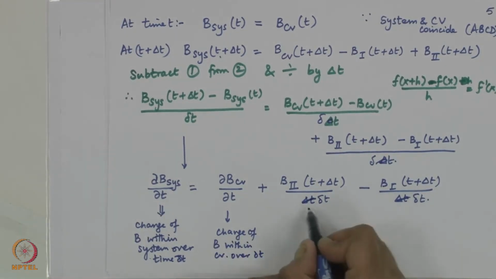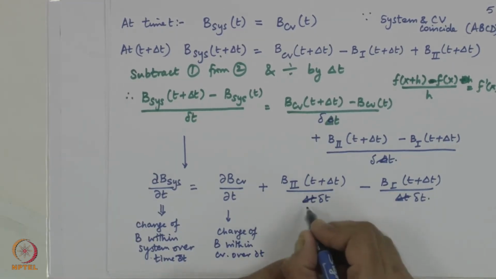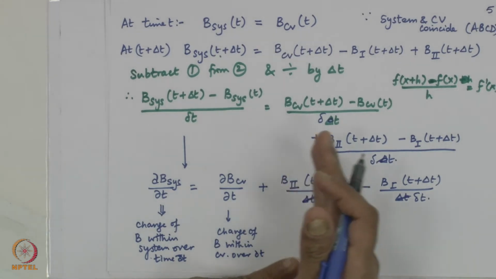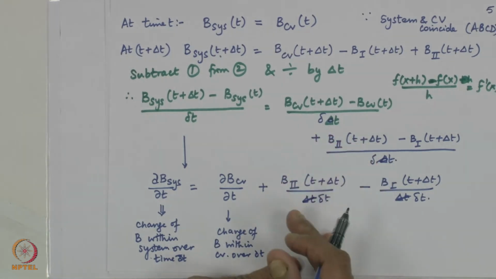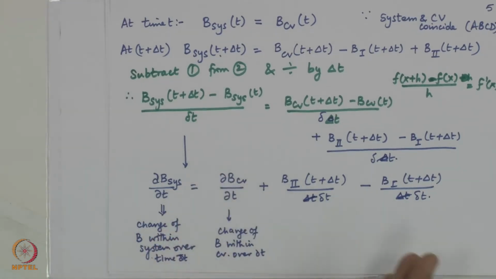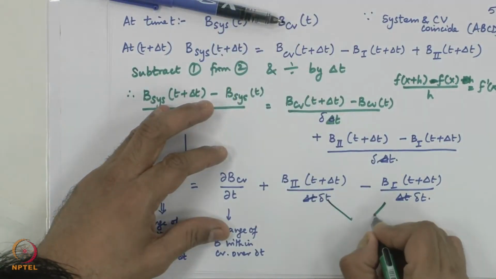What is left? These two terms. B is any extensive property, so let us say it was total energy. Total energy over time delta t divided by delta t is nothing but what is being brought into the control volume because of the flow. What is coming in because of the flow is what is represented by these two quantities.